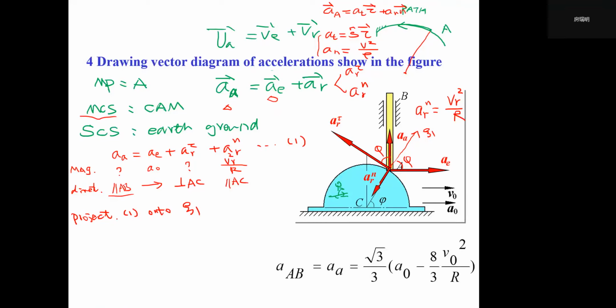So when we do this projection onto this axis conceive 1, since we don't know the magnitude of AR tau, it's fine, because you will find its projection onto conceive 1 will be 0.